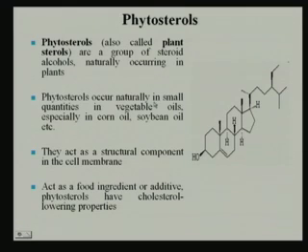Phytosterol occurs naturally in small quantities in vegetable oil, especially in corn oil, soybean oil, etc. They act as a structural component in the cell membrane, and it also acts as a food ingredient or additive, that is, phytosterol has cholesterol lowering properties. That means, as I have already mentioned, cholesterol is present in the animal system. Similarly, phytosterol is found in the plant system.